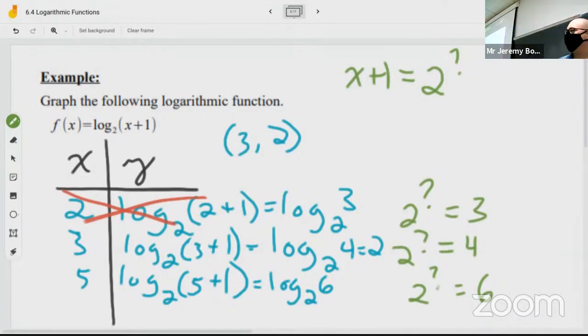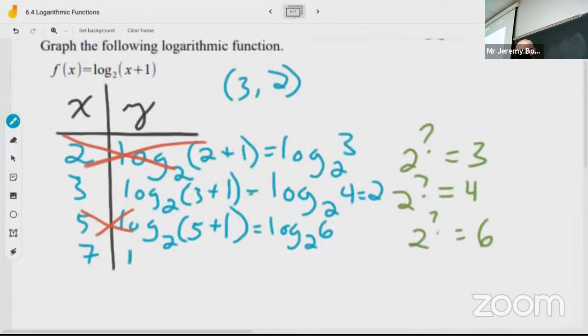Right? Because we have 2 squared is 4. What's 2 to the third? Anybody remember? 8. So that one's not going to work. But if we know that it could be 8, let's do 7, right? Because we're adding 1 to it.